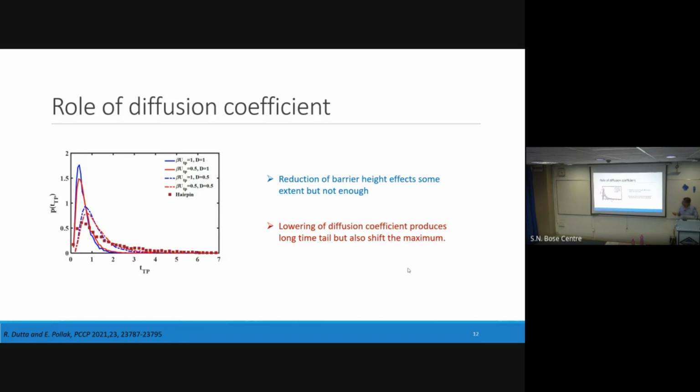So the reduction of the barrier height is not a solution. Why does reducing the barrier height increase the long time? There is a reason. We would otherwise think that when the barrier is steeper or the barrier height is larger, it requires much more time to cross the barrier. But in transition paths, the opposite happens. If the barrier height is larger, it requires less time. Why?